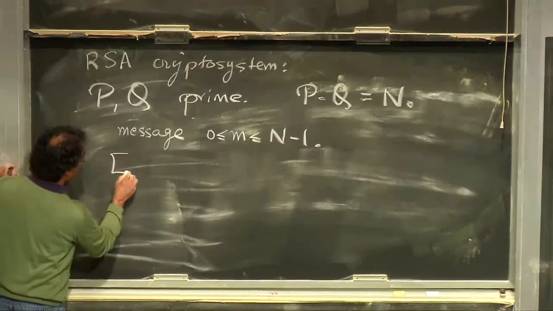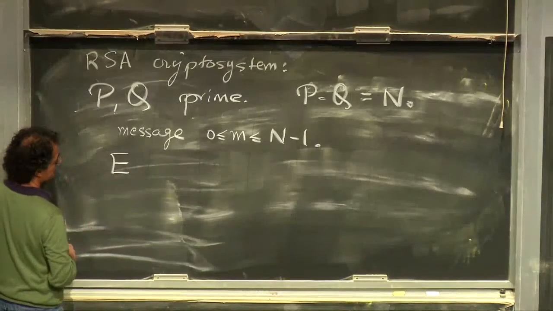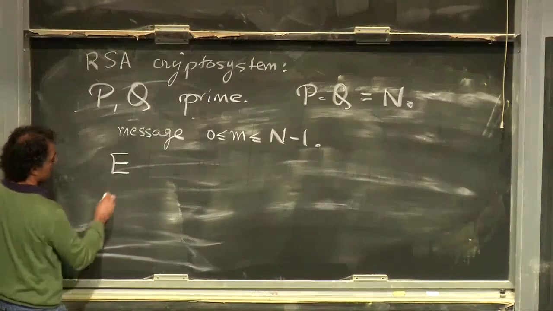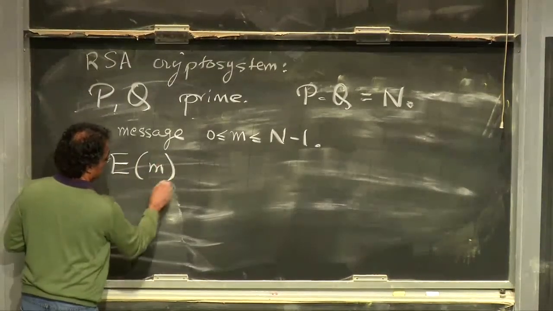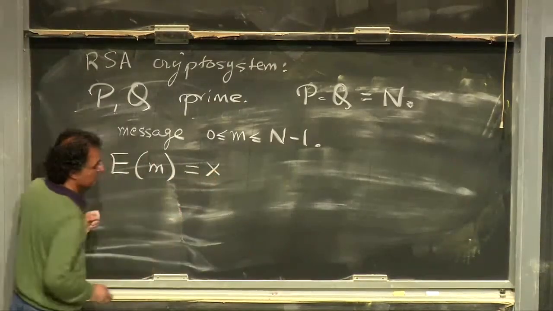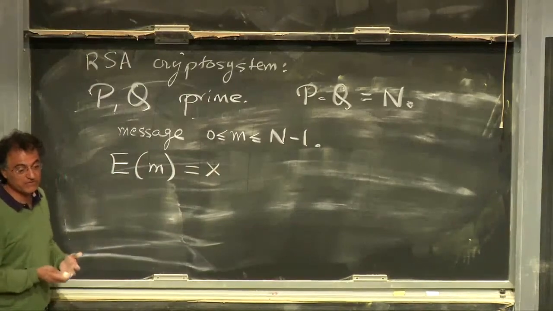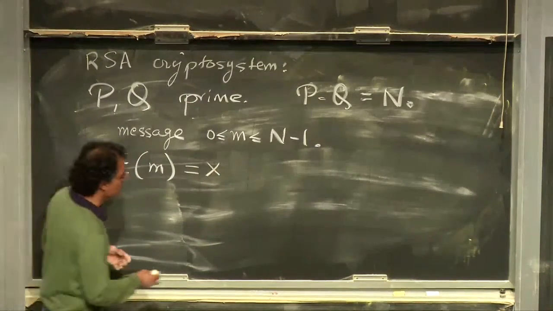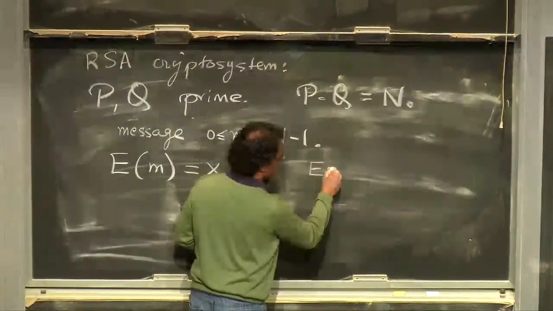So you have the encryption function E of M, and this is going to be, let's call this X. So X is also going to be a number between 0 and N minus 1. E is a map.